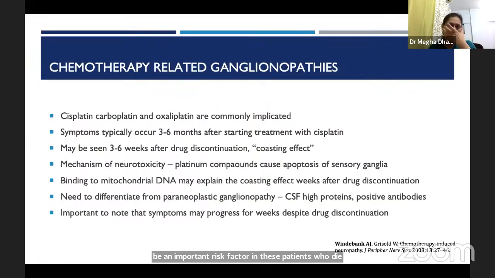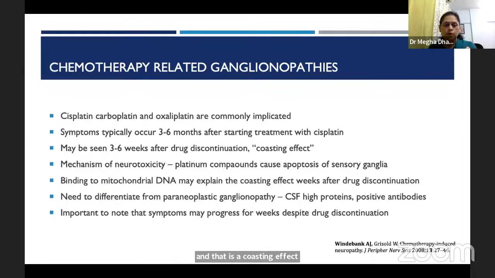Now, coming to chemotherapy-related ganglionopathies, the common medications are cisplatin, carboplatin, and oxaliplatin. Symptoms typically occur 3 to 6 months after starting the offending medication. But we may see the onset of these symptoms 3 to 6 weeks after discontinuation, with progressive worsening, and that is a coasting effect.